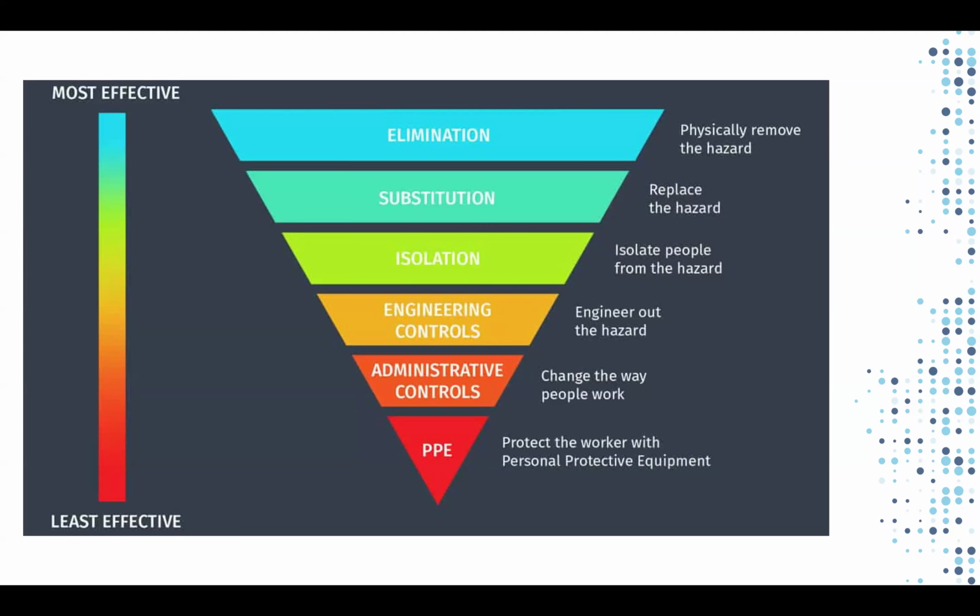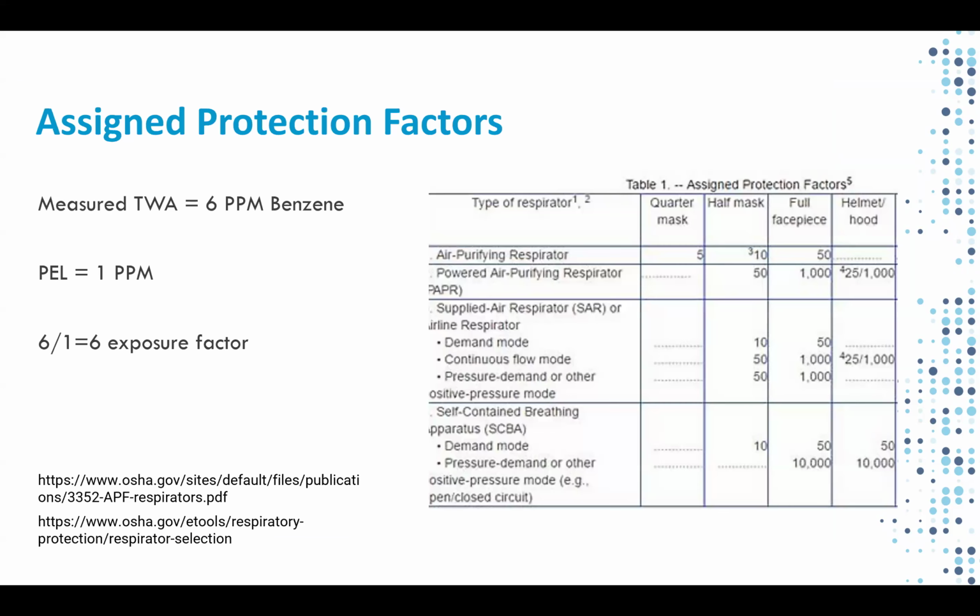Engineering it out is another very common thing. For inhalation hazards, there's all sorts of ventilation options there. Administrative controls, where you have processes in place to change the way that people interact with that hazard, and then our respiratory protection. So this is where I want to talk about assigned protection factors.